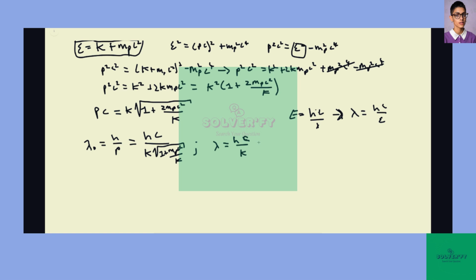So that's going to be greater than lambda 0 because it's going to have less contribution. This number is going to be smaller, so this number is going to be bigger.